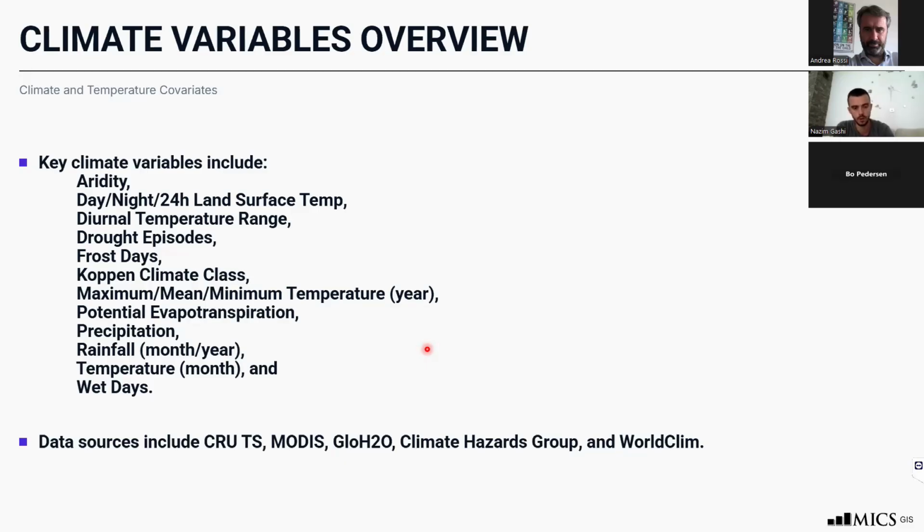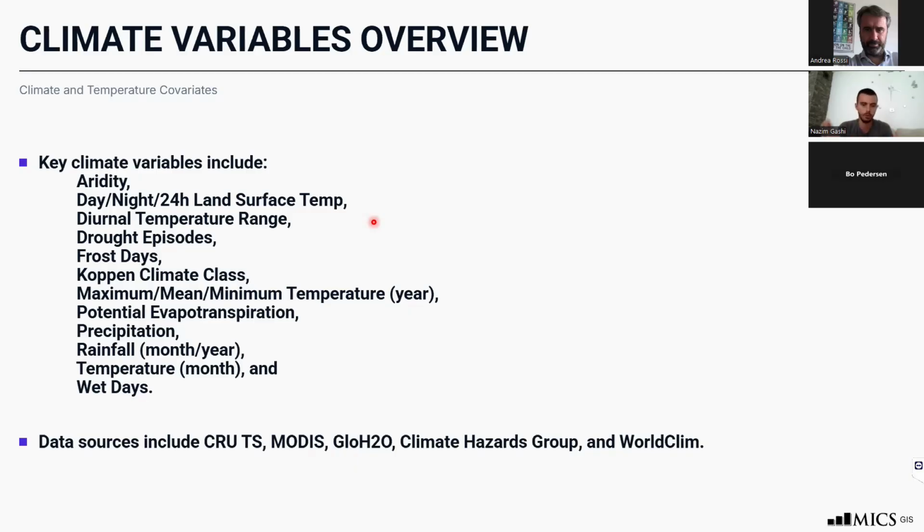And if a specific survey was conducted in two different years, let's say, for example, the survey that was conducted in Kosovo MICS 6, we are including both years, so 2019 and 20, and so on and so forth. The second indicator on the climate variables is the land surface temperature.